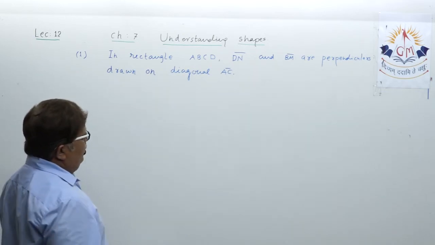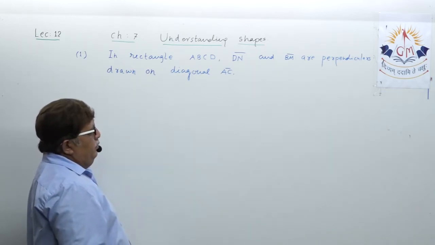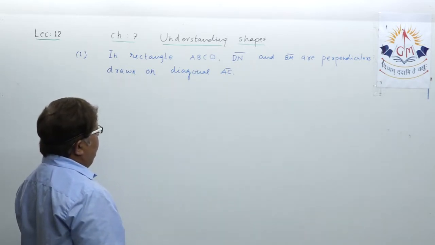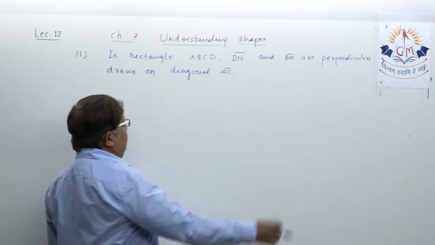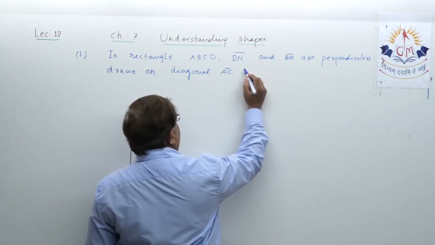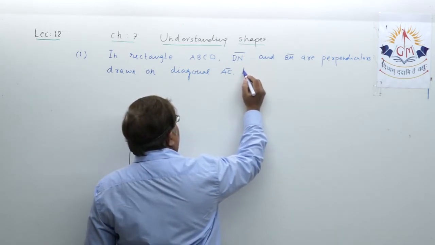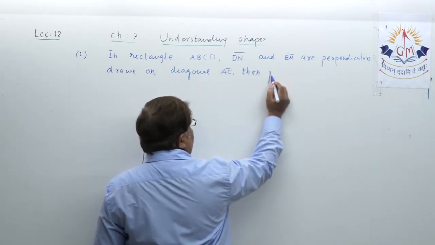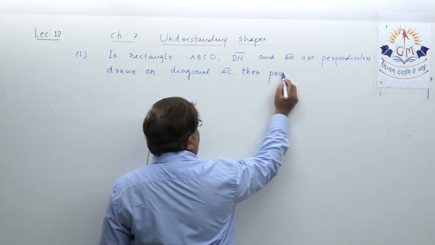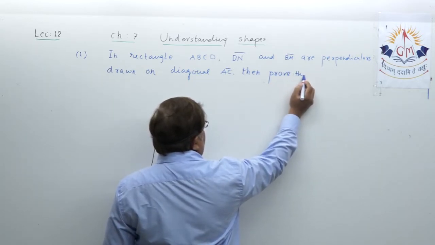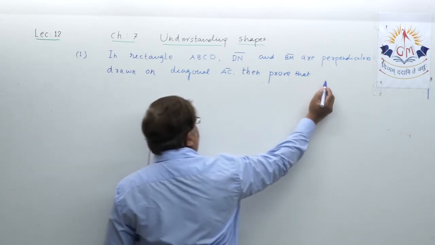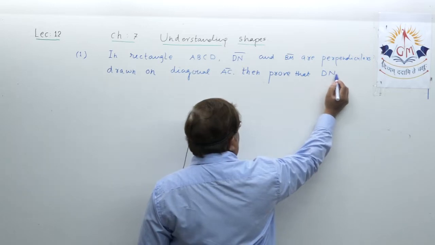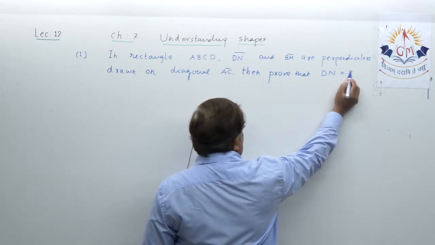In rectangle ABCD, DN and BM are perpendiculars drawn on diagonal AC, then prove that DN equals BM.